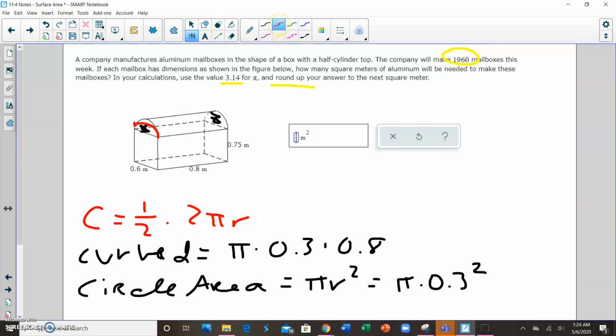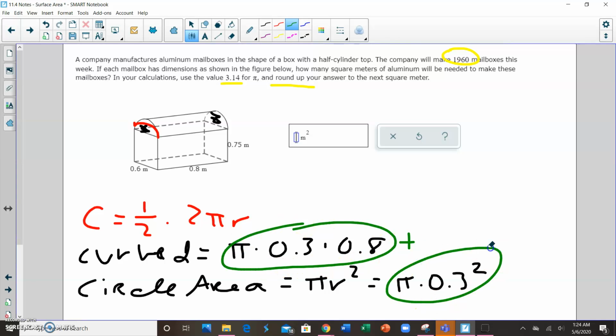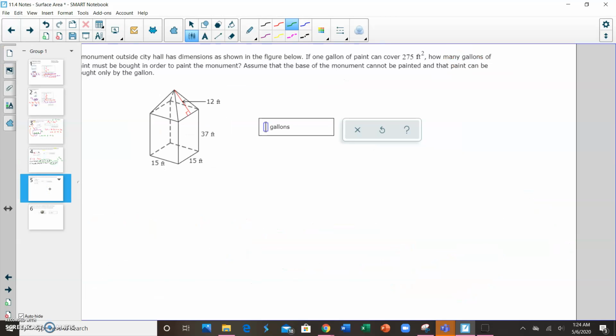So you simply take this right here and you add it to this right here, and then you add it to the 1, 2, 3, 4, 5 sides, the 5 rectangles.